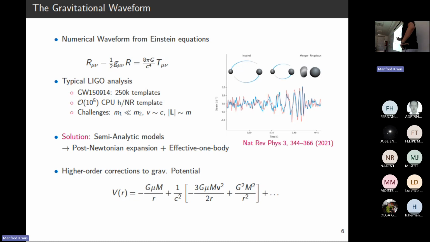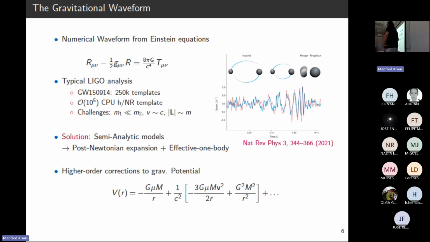solving Einstein's equations. However, the problem is that in a typical LIGO analysis, like the one for the very first observation, you need about 250,000 simulations in order to do the statistical analysis. However, computing a single simulation for a black hole merger takes about 10 to the 5 CPU hours.